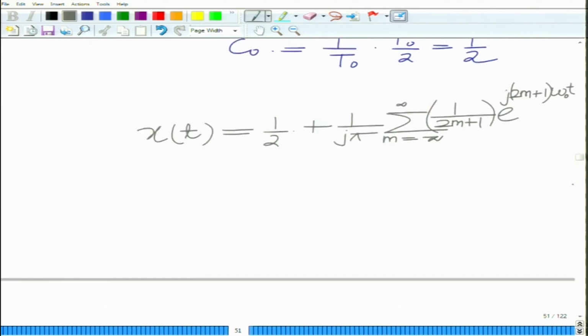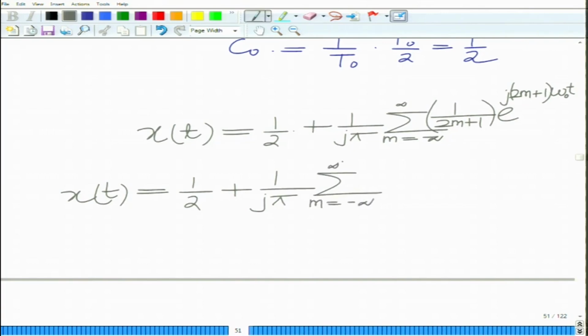Let me just write it once more a little clearly. So, x of t equals half plus 1 over j pi summation m equal to minus infinity to infinity of 1 over (2m plus 1) e raised to j (2m plus 1) omega naught t.